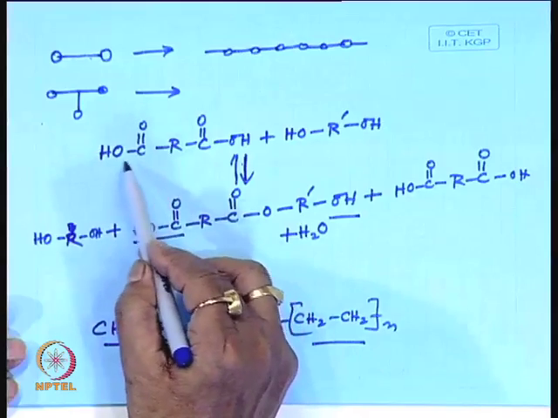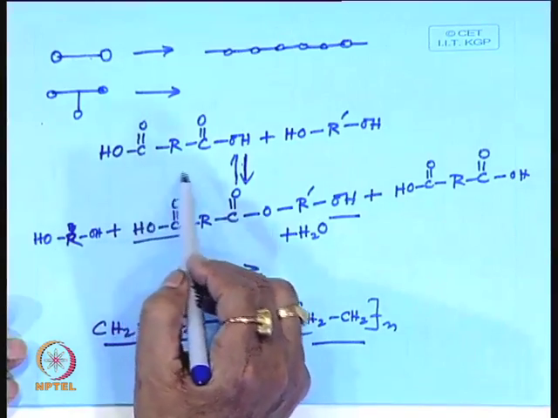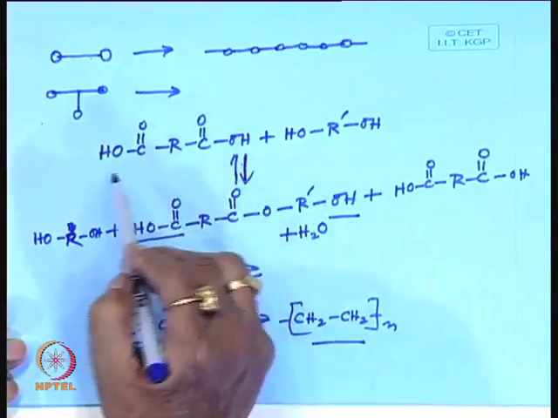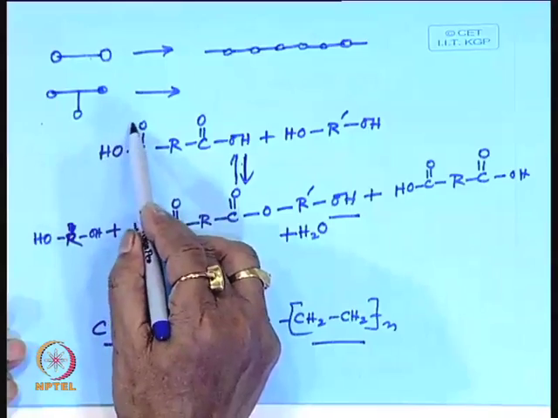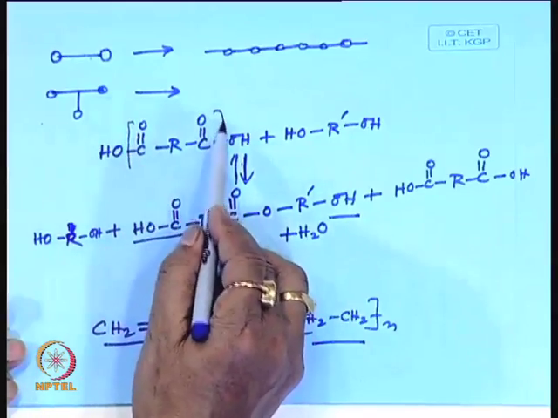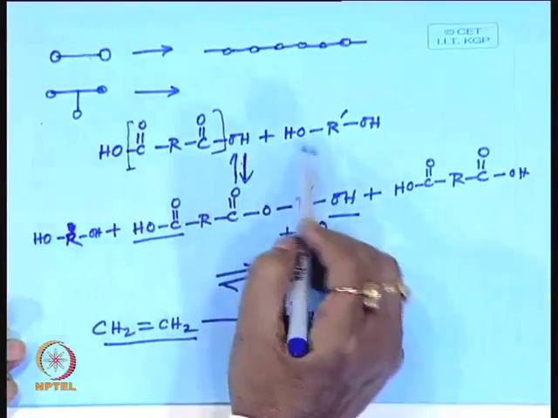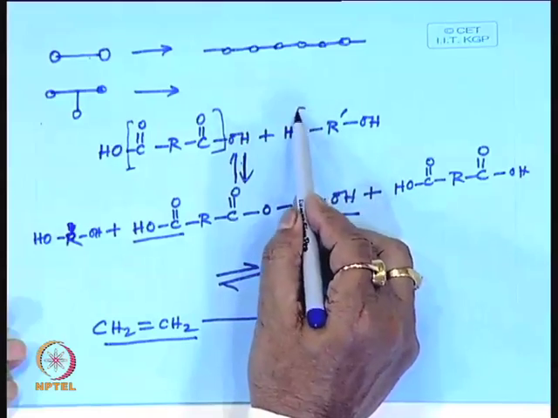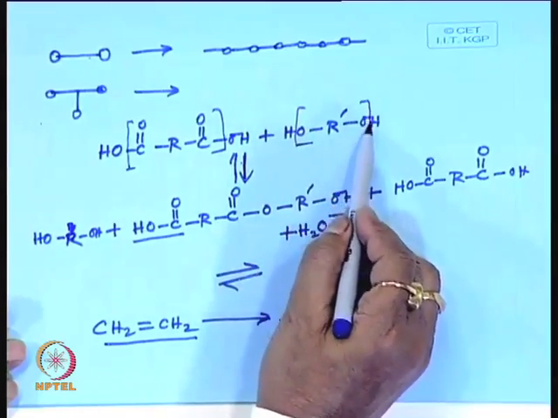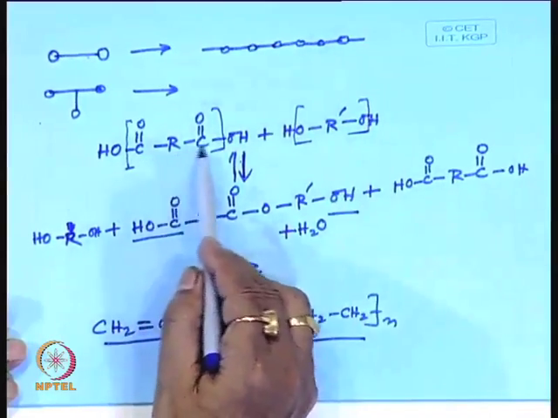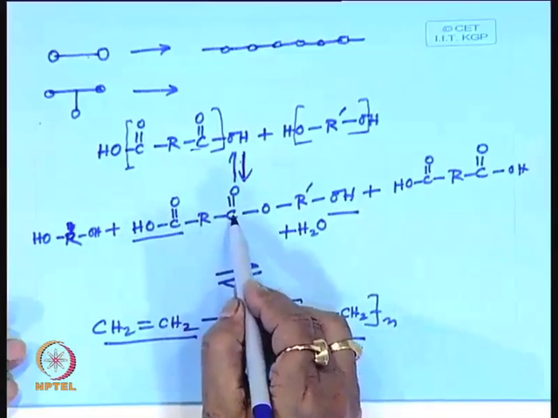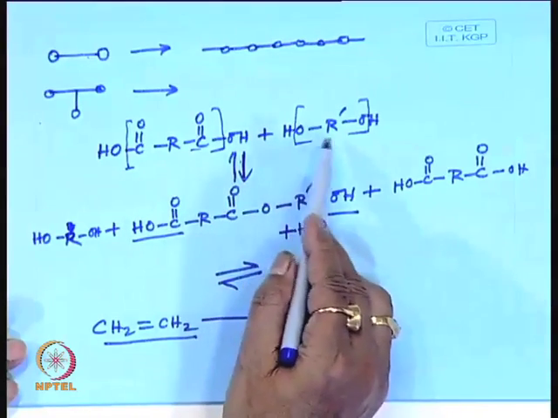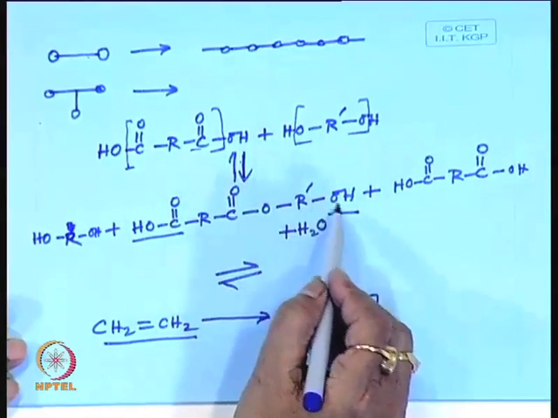So, this is a diacid. From diacid, what is removed? What is retained? This portion is retained. And from diol, this portion is retained. You see? So, here RCOO, again R prime is coming, OH.